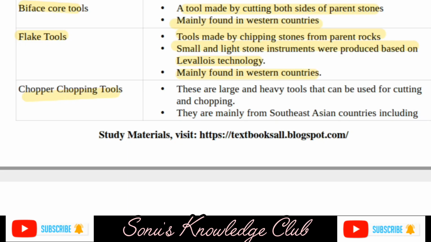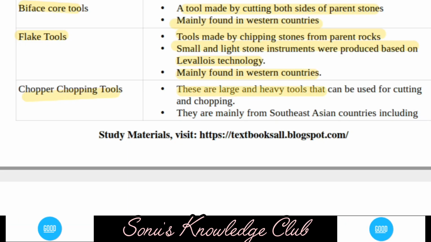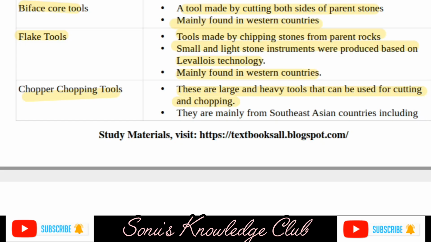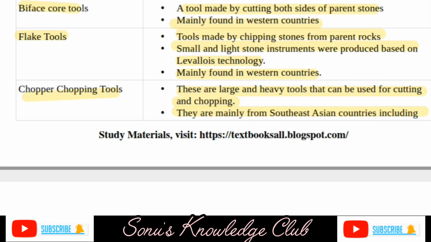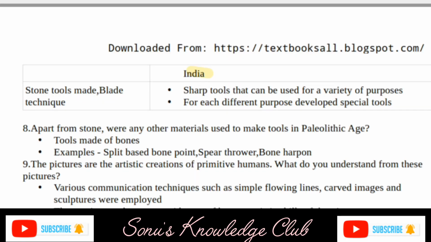Chopper-chopping tools: these are large and heavy tools that can be used for cutting and chopping. They are mainly from Southeast Asian countries including India. Stone tools made by the blade technique: sharp tools that can be used for a variety of purposes.